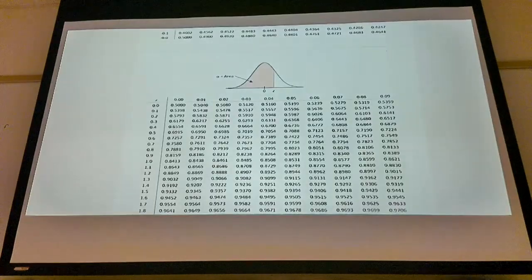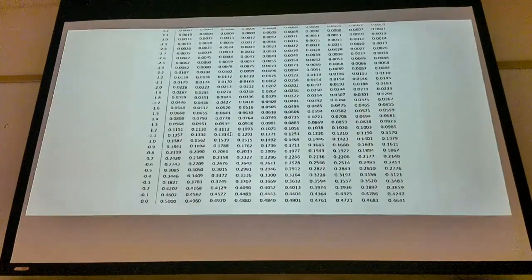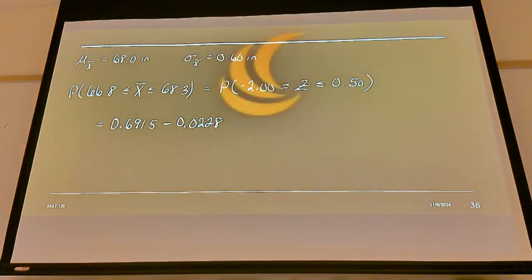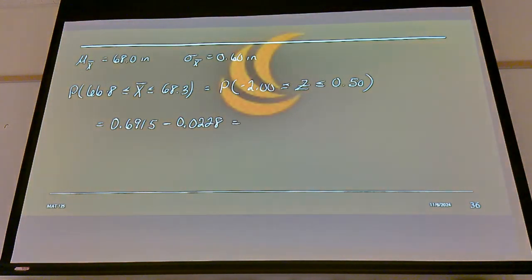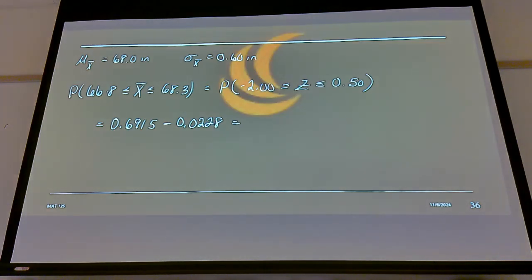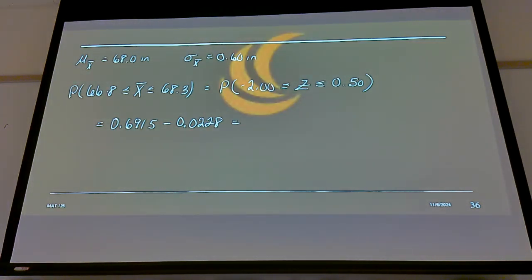Less than or equal to negative 2.00, 0.0228. Which gives 0.6687.